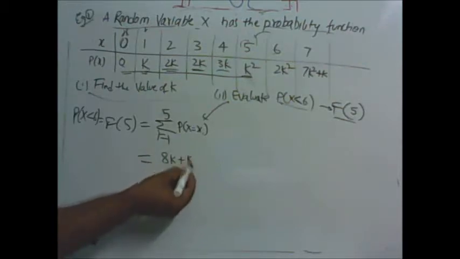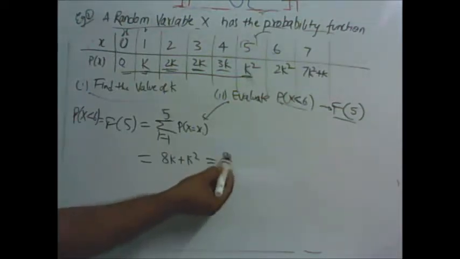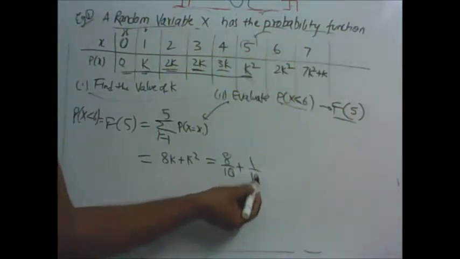Plus k square. But we know the k value is 1 by 10. So this is 8 by 10 plus 1 by 10 square.